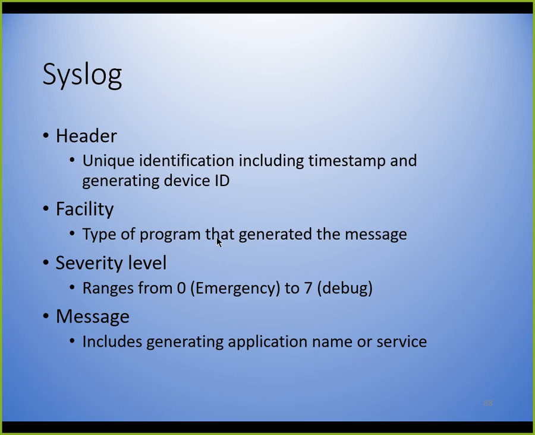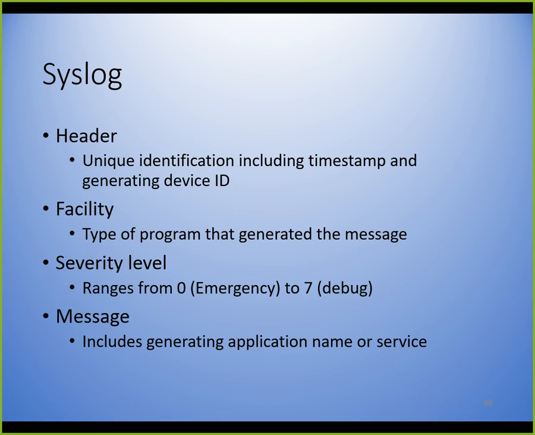Syslog, we looked at the syslog server, has a unique header identification, had the timestamp, the generating device ID, where it came from, the type of program that generated the message, the severity level of the message itself, 0 to 7. 0 is an emergency, and they say, well, it's not working, and I've never figured out if it's not working how it sends that. 7 is debug.